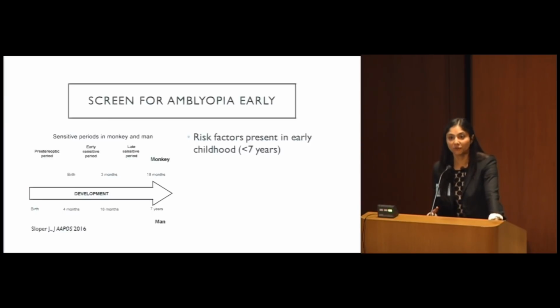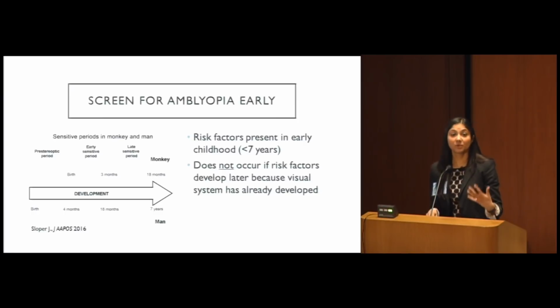It's because, like I mentioned before, it's caused by risk factors that happen during early development. So that's before the age of 7. If someone develops a need for glasses or strabismus after that age, amblyopia may not develop, which is good, because then it means that there might not be a long-term impact on vision. However, it still might result in a visual impairment.